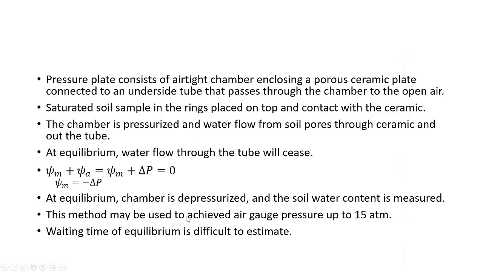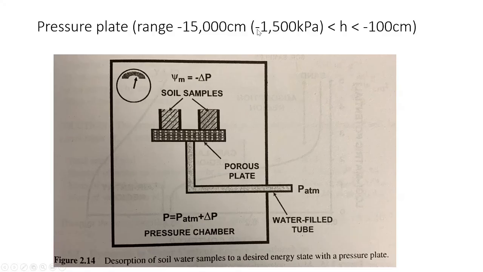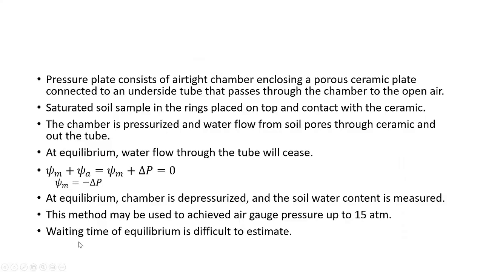This method may be used to achieve air gauge pressure up to 15 atm. Negative 1500 kPa is about 15 atmospheric pressure. The waiting time for equilibrium is difficult to estimate, so it is very hard to know when equilibrium is achieved with this method.